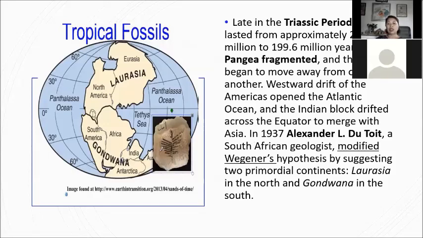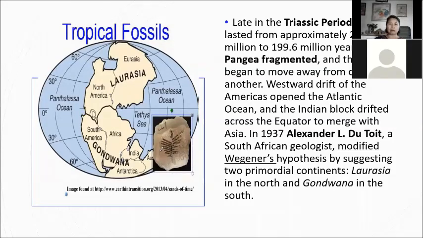Now, in 1937, we have Alexander du Toit, a South African geologist, modified Wegener's hypothesis by suggesting two primordial continents. One is Laurasia in the north and Gondwana in the south.